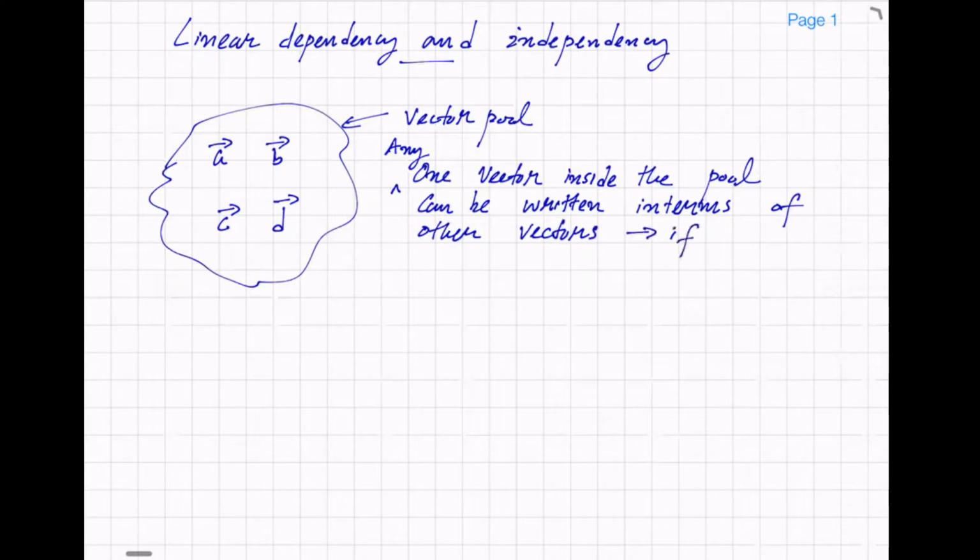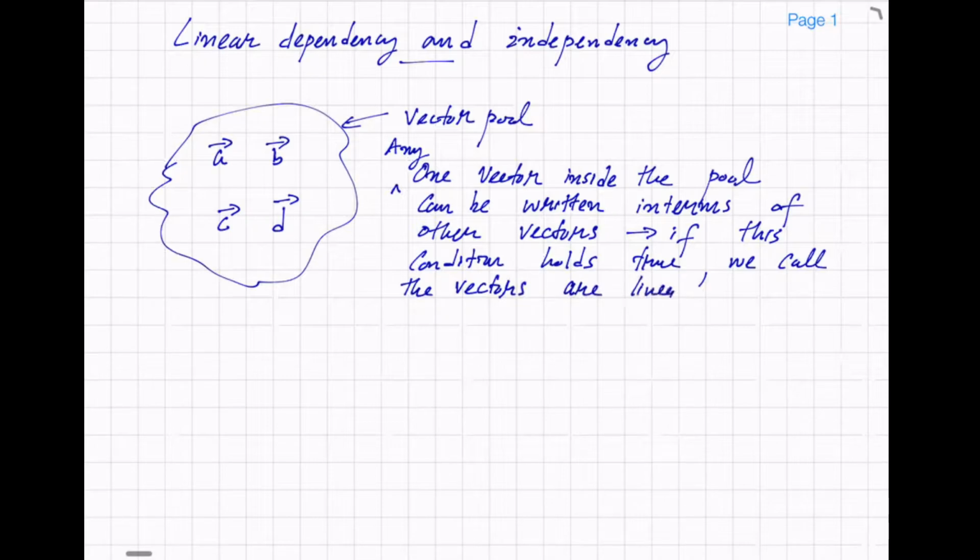If this condition holds true, we call the vectors linearly dependent. Now we'll understand what it means.